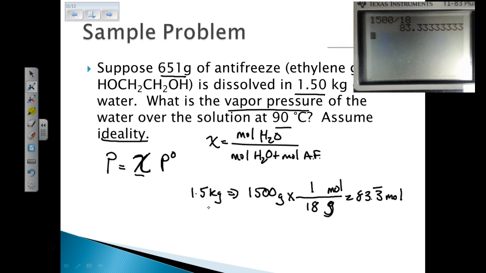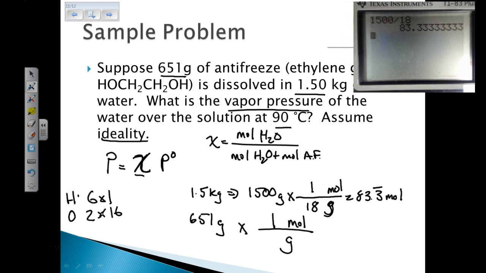Now for ethylene glycol, we have 651 grams. We're going to convert that, grams on the bottom, moles on top. Now we have to figure out the molar mass. Hydrogen, there are 6, so that's 6 times approximately 1. Oxygen, there are 2 times approximately 16.